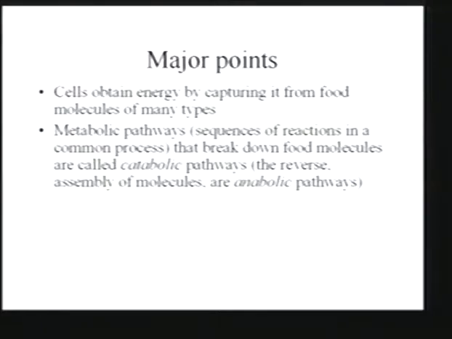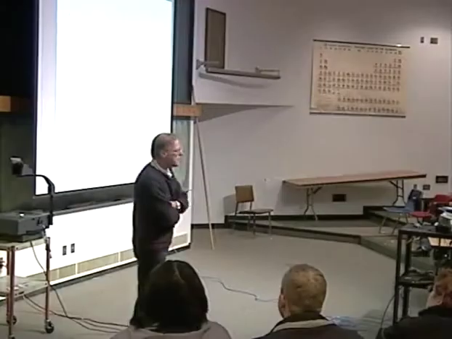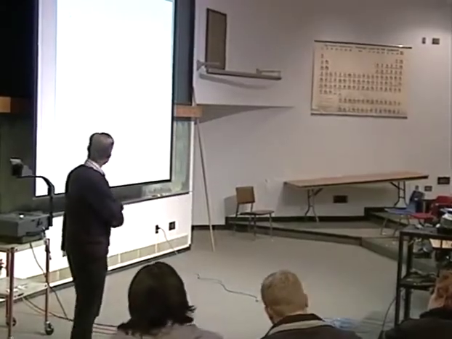A pathway that takes two carbon compounds and makes lipids out of them would be a metabolic pathway. Those are two different kinds of pathways, though. The glucose breakdown pathway would be a catabolic pathway, and the pathway of assembling a lipid from two carbon compounds would be an anabolic pathway. All right? Both of those are used by cells.